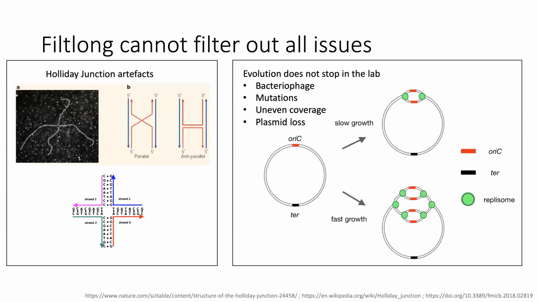So Filtlong, just as a warning, and any other filtering tool generally cannot filter out all the issues that you're going to encounter. They are generally bioinformatic tools that are geared toward filtering out bioinformatic issues. There's actually going to be issues in the biology of the samples that you have to encounter. So your jargon word for the day is Holliday junctions.